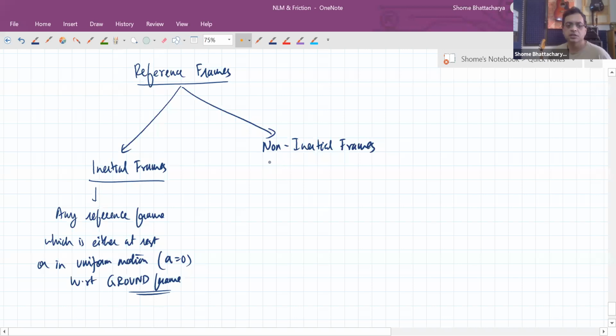That becomes an inertial frame with respect to our experimentation on the earth's surface. Okay, with respect to our human experience, that becomes the inertial frame.